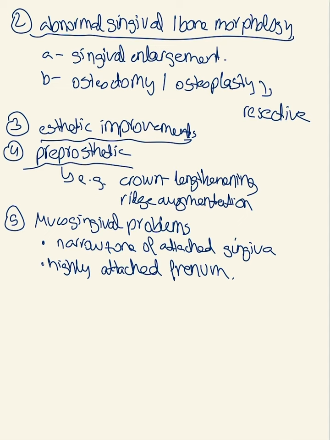For example, with a highly attached frenum, the teeth can't be brushed, the gingiva is always inflamed, and it can lead to gingival recession due to the gingival margin pull.